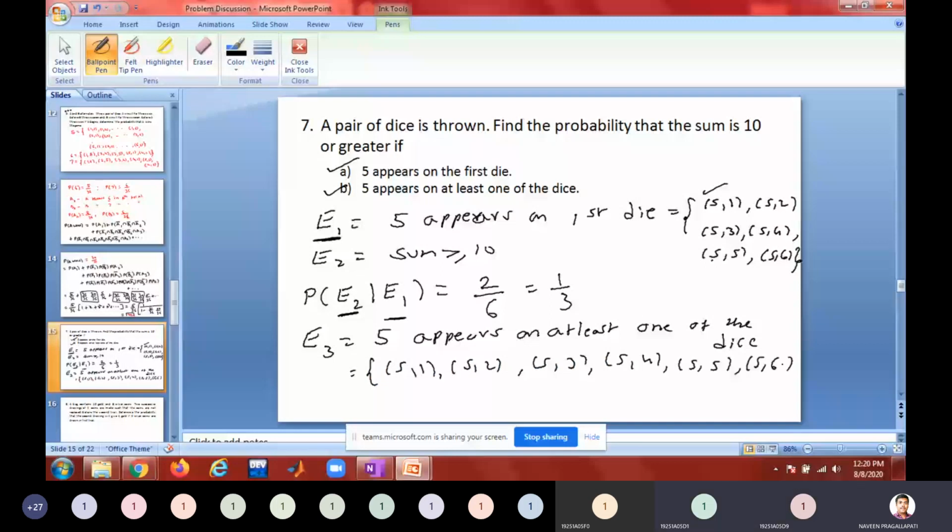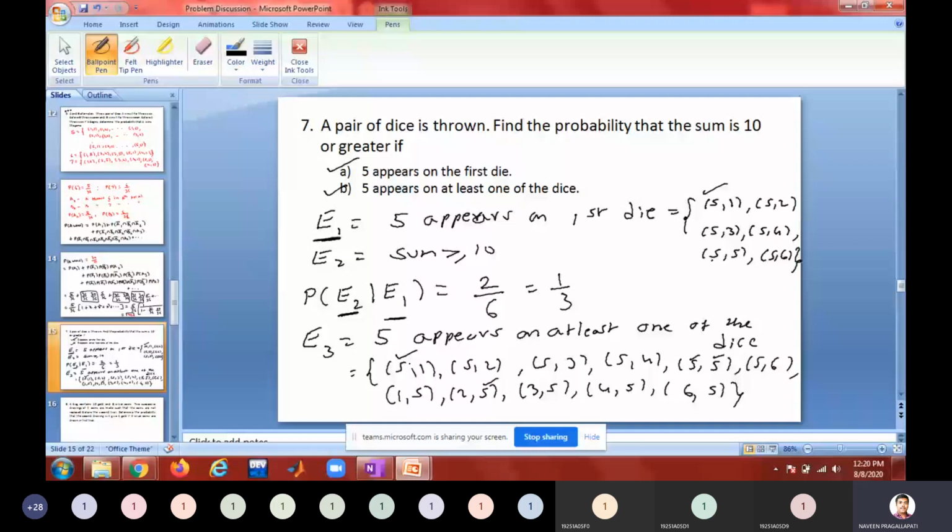What are the other possibilities? 6-5, 1-5, 2-5, 3-5, 4-5. 5-5 is already there. So at least one of the dice means it may appear on the first die, or on the second die, or on both the dice. So this is our reduced sample space: 1, 2, 3, 4, 5, 6, 7, 8, 9, 10, 11.